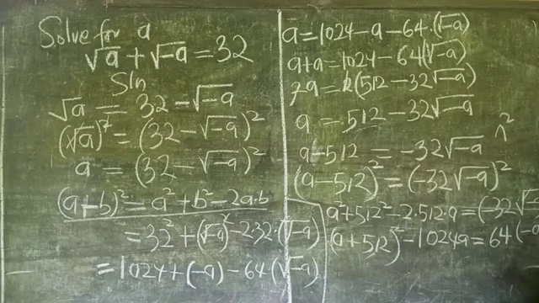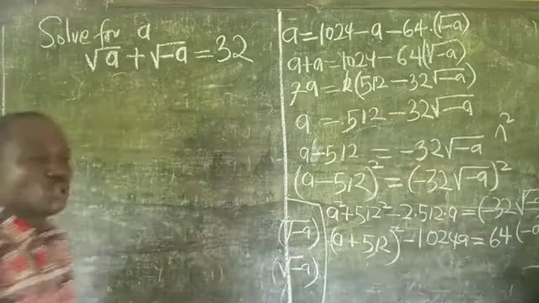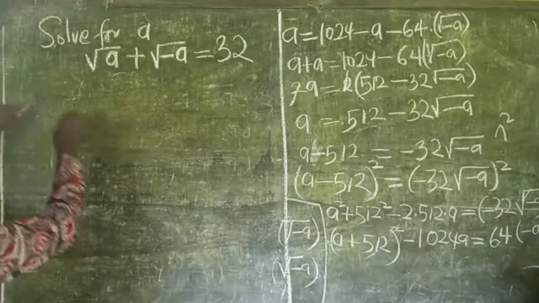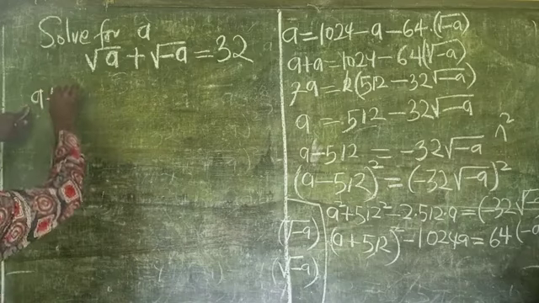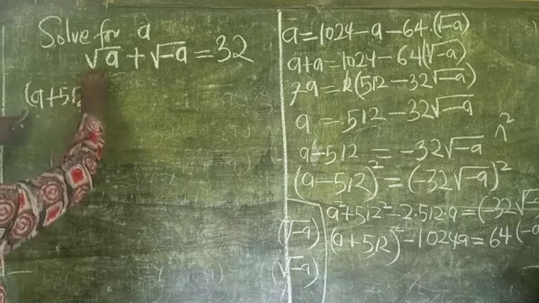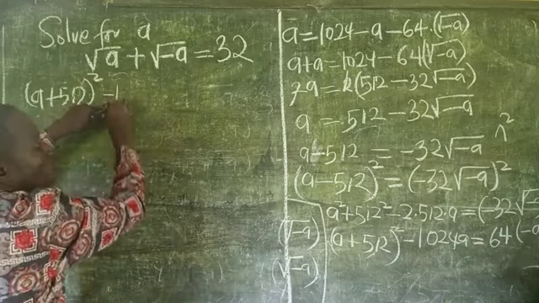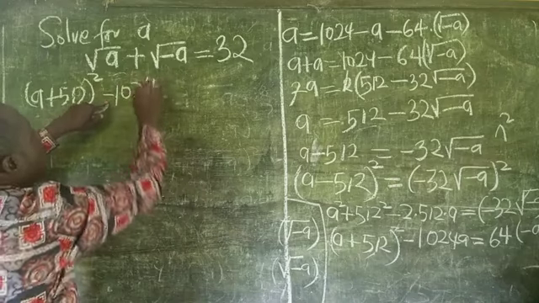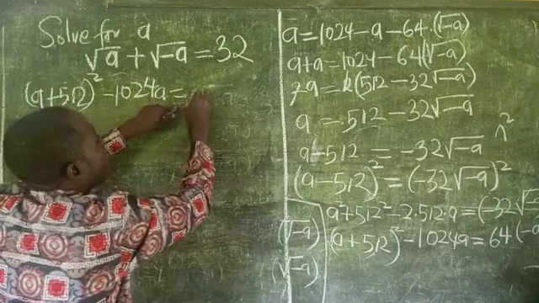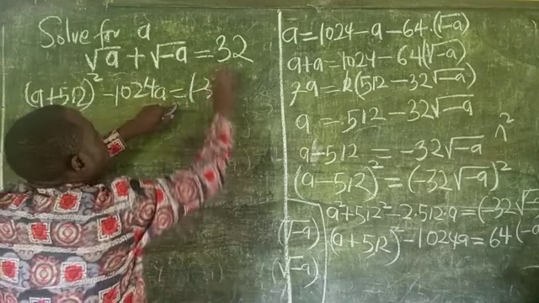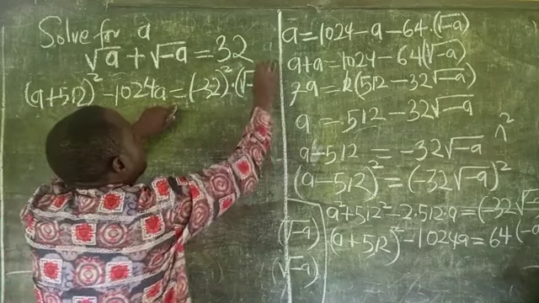I don't know if you followed what I just did. I will repeat it so that you get a clearer view of it. I'll write the line again: a plus 512, all squared, minus 1024a, equal to minus 32 squared times the square root of minus a, squared.